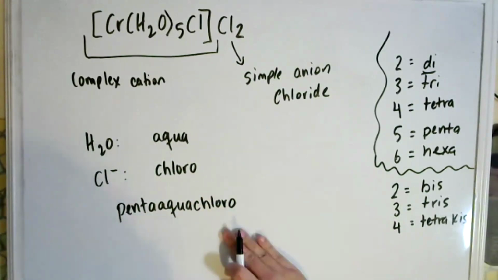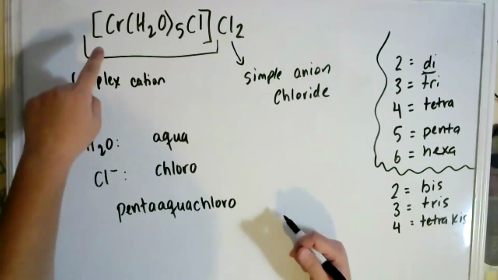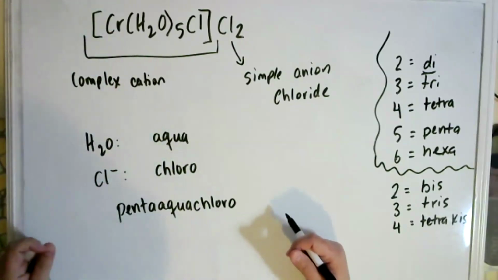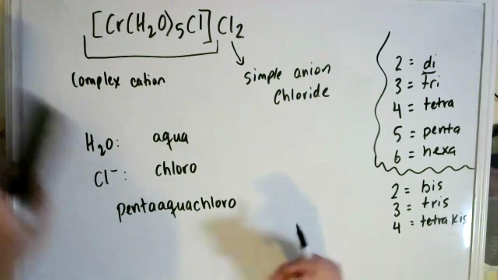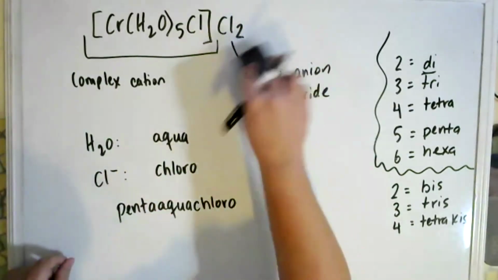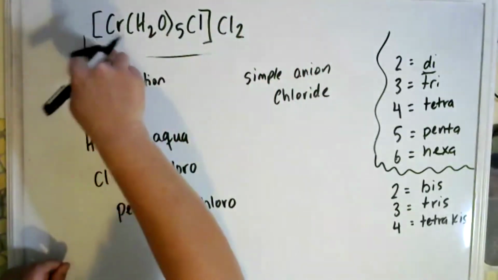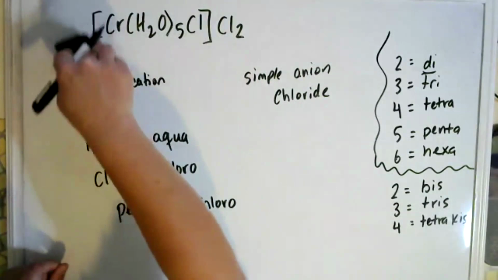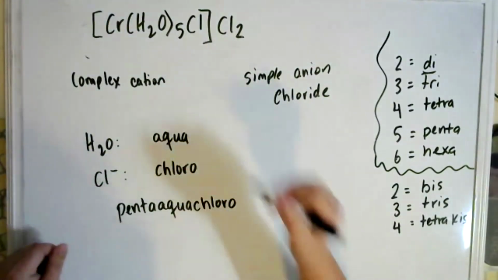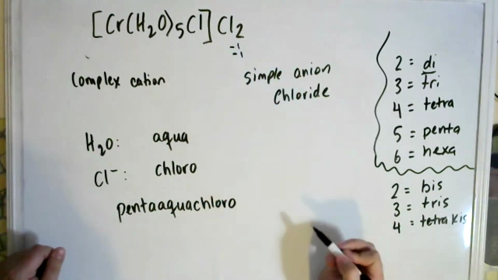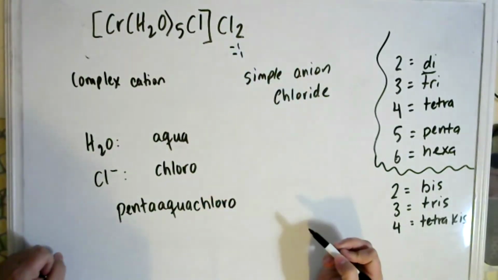All right, so now my ligands are all named. And now I have to look at my chromium and figure out what its oxidation state is. Again, we're going to do this just like before. We know that I have 2 chlorides here, each is going to be a -1.